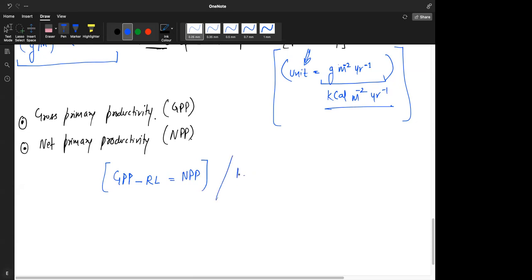Or in a way I can say that NPP is equal to GPP minus respiratory losses, correct? Where RL is respiratory loss. Correct, people?